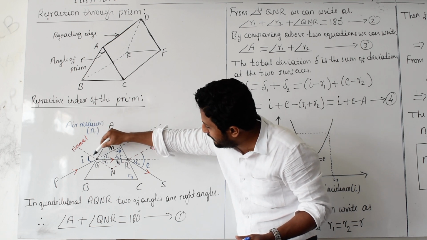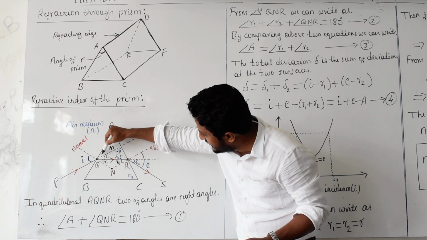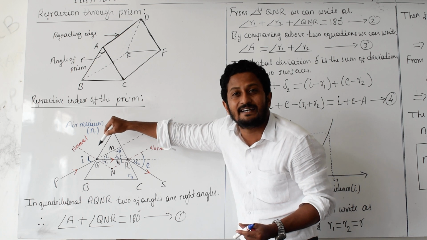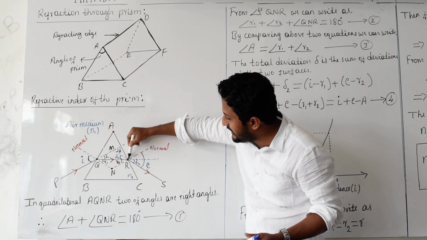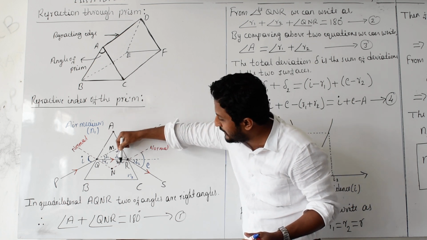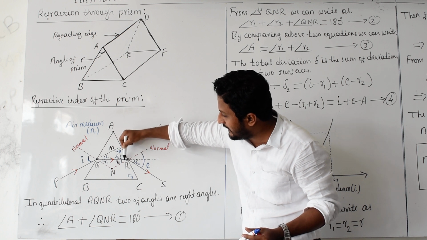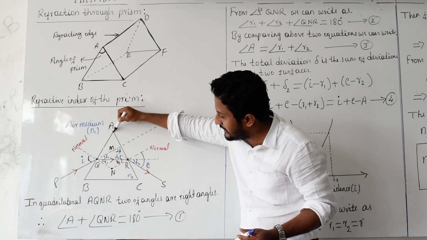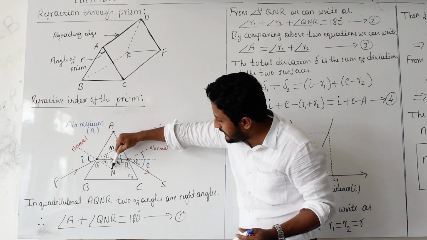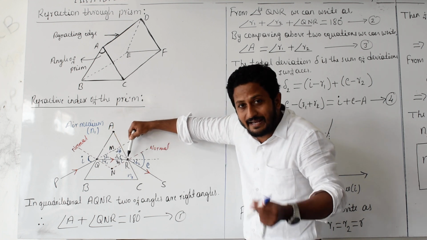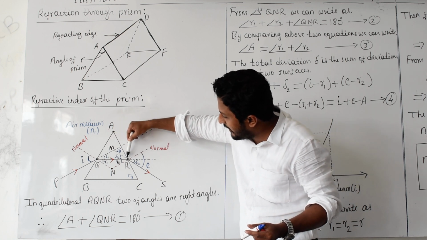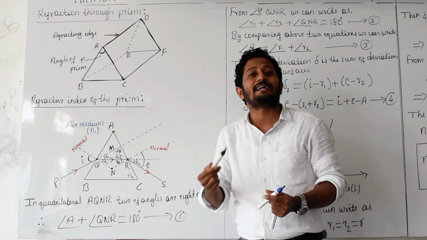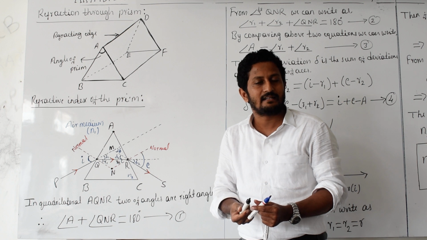That's why, because of this perpendicular line, this angle is 90 degrees. Similarly, at point R, you draw one perpendicular. That's why this angle R is also 90 degrees. I mean, in this quadrilateral AQNR, angles Q and R are 90 degrees.